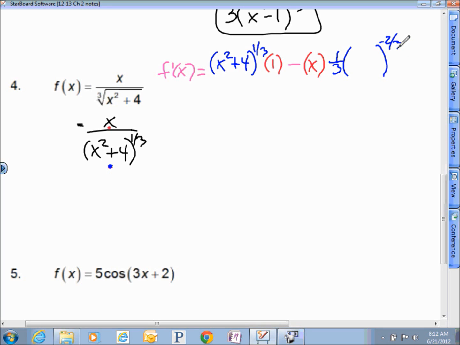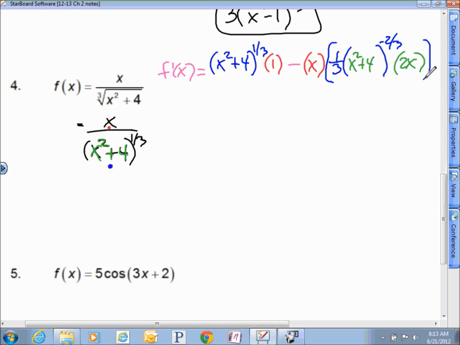And then we've got to ask, what's that something? Well, that x squared plus 4 is inside of something to the 1/3. What's the derivative of the x squared plus 4? 2x. And then don't forget to put your x squared plus 4 back in. So all of this disaster right here is the derivative of the bottom, the blue function.